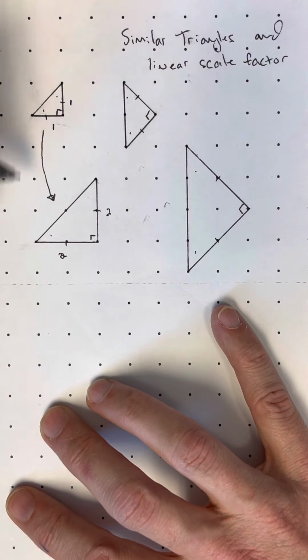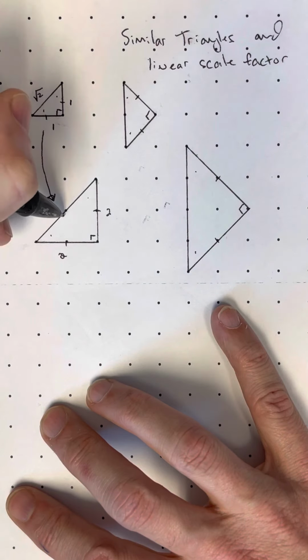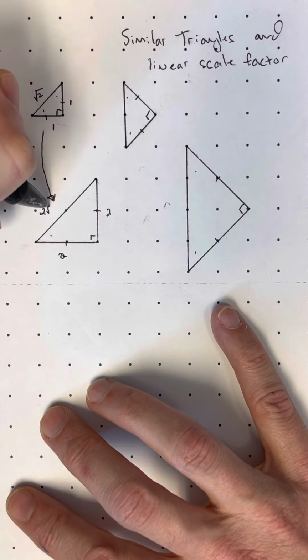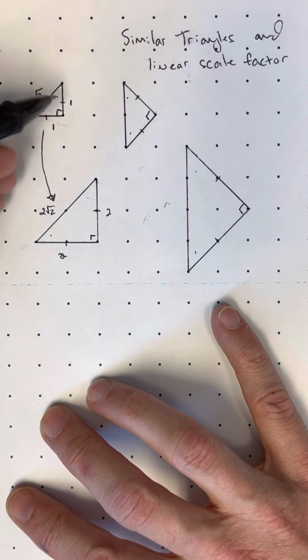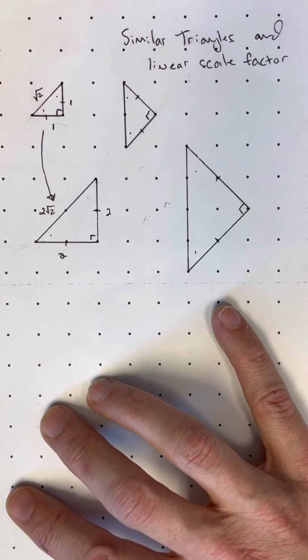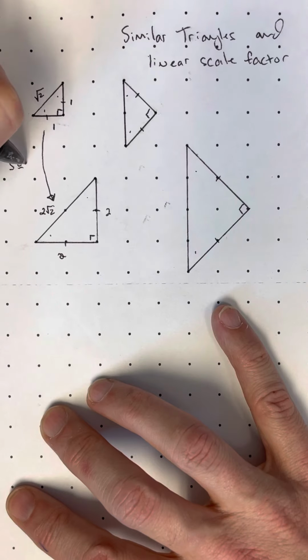And in fact, if we knew the Pythagorean theorem, this guy here has length square root of 2. And this one here has length square root of 2 plus another square root of 2. This has length 2 square root of 2. So hopefully you can see each of the sides have been multiplied by 2. So the scale factor S is 2.